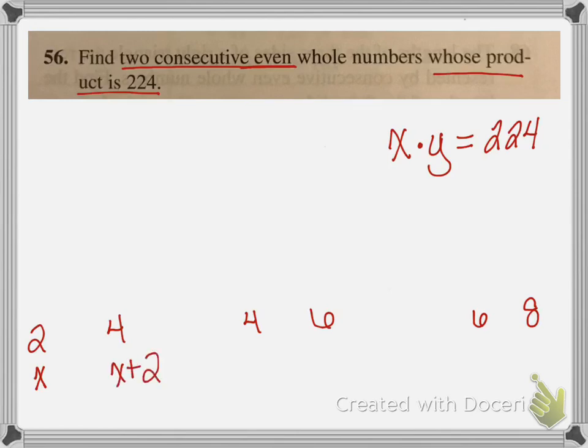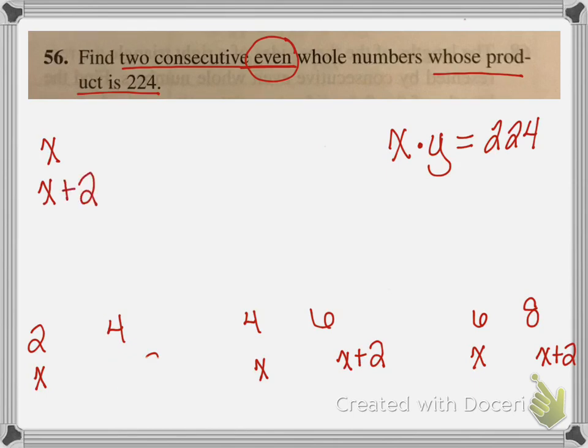And that's because of this word right here, even. So if 4 is X, then 6 is X plus 2. If 6 is X, 8 is X plus 2. Okay, so I can talk about two consecutive even whole numbers by using X and X plus 2.